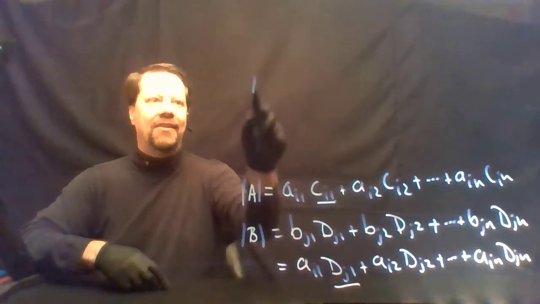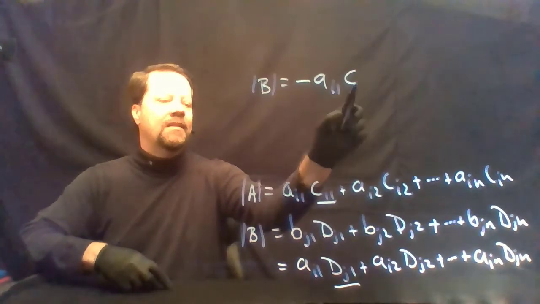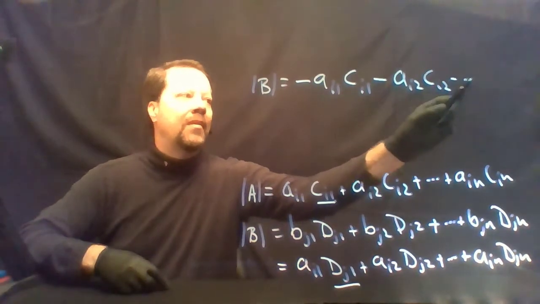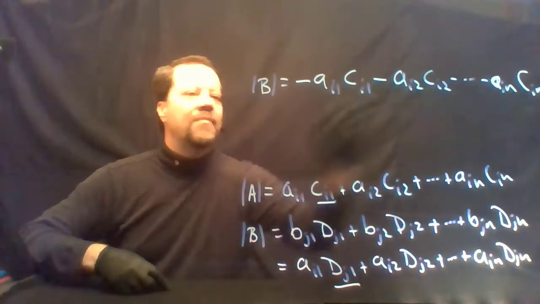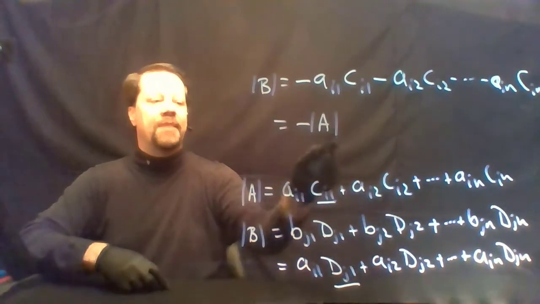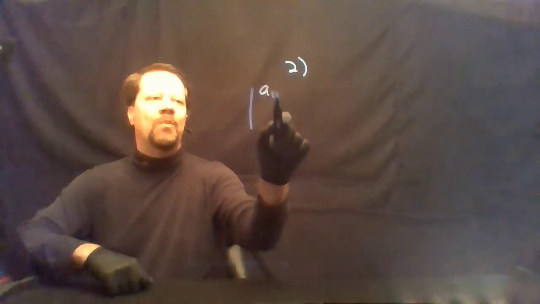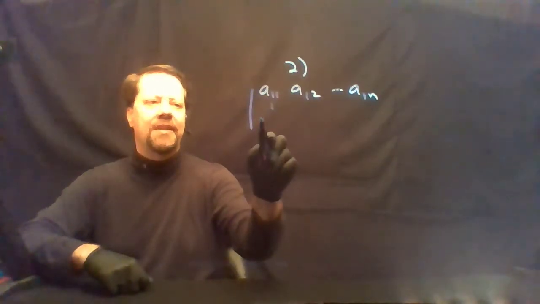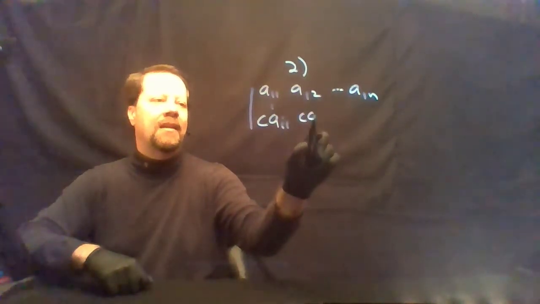So continuing this calculation, the determinant of B is minus AI1 Ci1 minus AI2 Ci2, and then AIN CIN, which gives you minus the determinant of A. On part 2, suppose you're taking the determinant of A11, A12, A1n, and suppose the only difference is on the, say, the ith row, CAI1, CAI2.